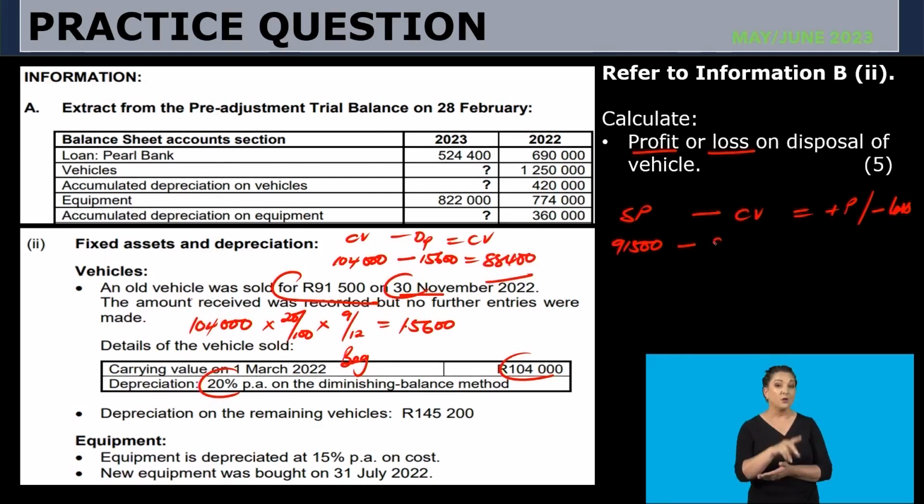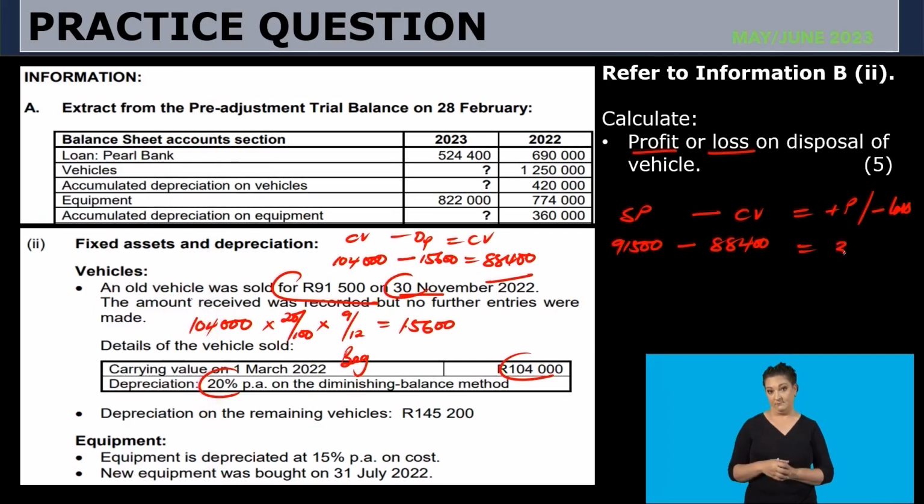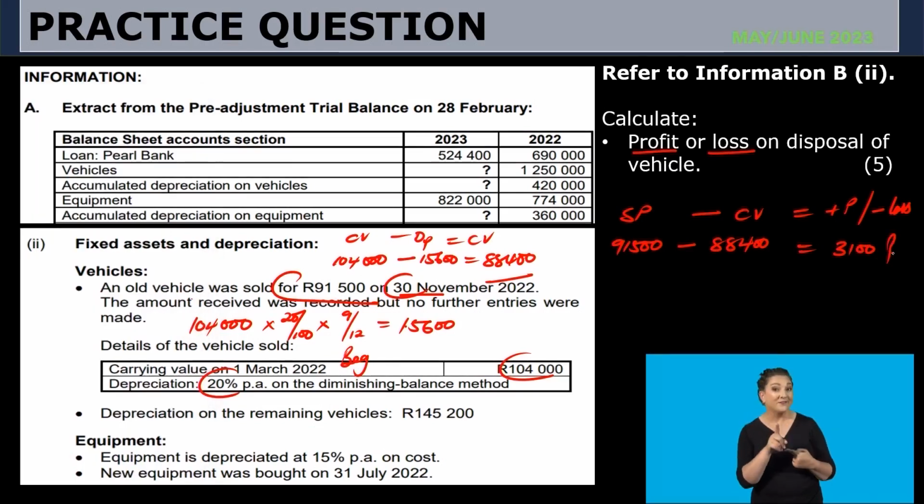So I'll say minus 88.4. Selling price minus the carrying value. Let's put that on the calculator: 91,500 minus 88,400, and that will give me 3,100. On the calculator, is it positive? Yes, it is positive. So once it's positive, that is your profit. If it was negative on the calculator, it would have been a loss in that case.